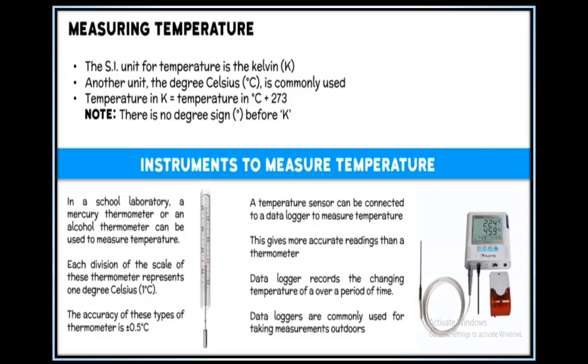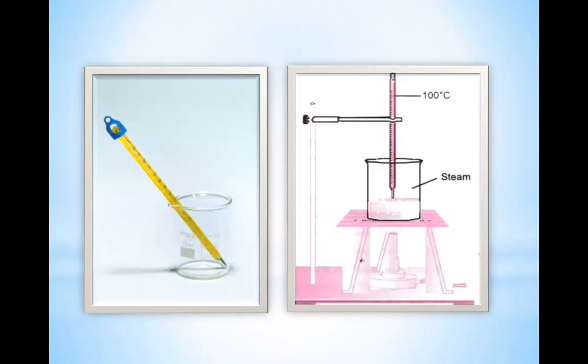The instruments we use to measure temperature include data loggers. A data logger records the changing temperature over a period of time. We also use thermometers, which include alcohol and mercury thermometers, to record temperature.